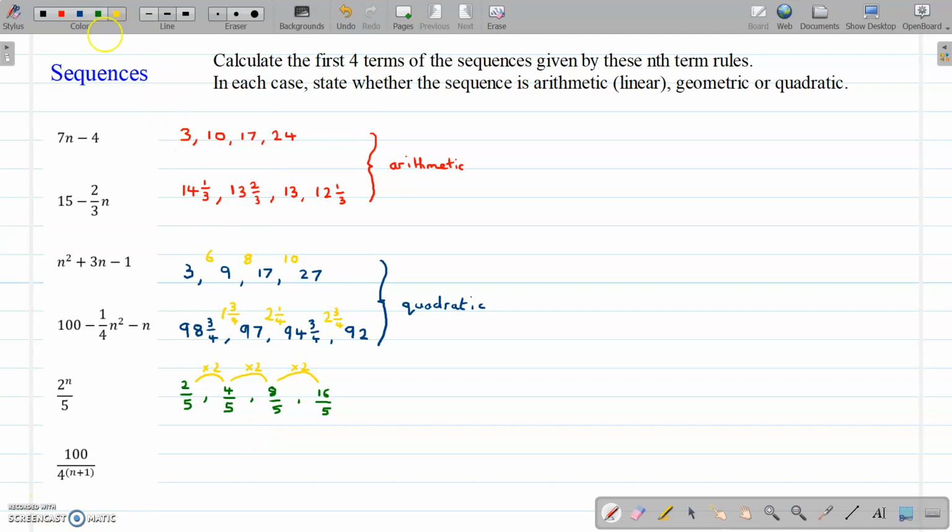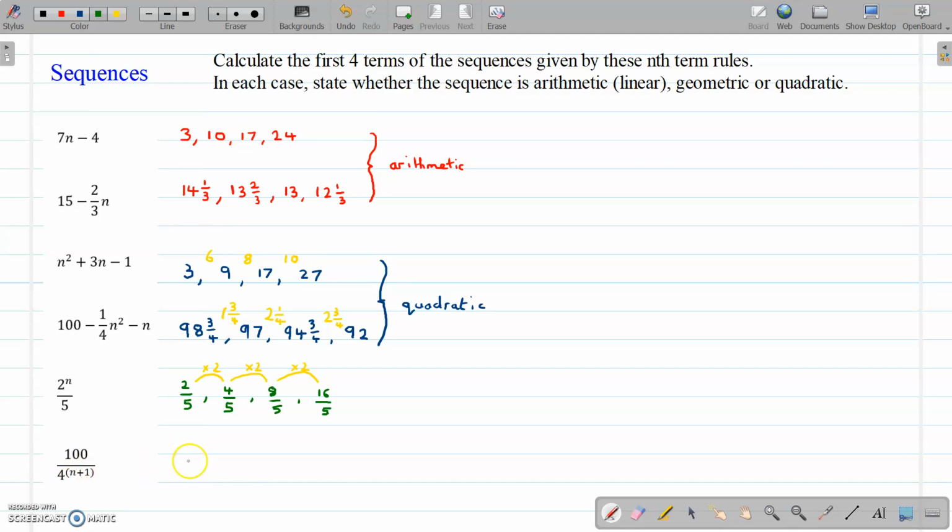The next one also contains a power of a number where n is featured in that power. So what we have here is 100 divided by 4 to the power of 1 more than n. So the first term is going to be when n is 1. So it's 100 over 4 to the power of 2, because it's 1 plus 1.